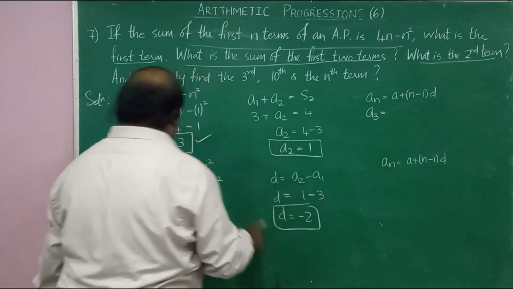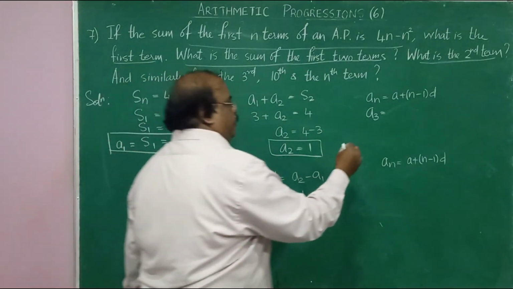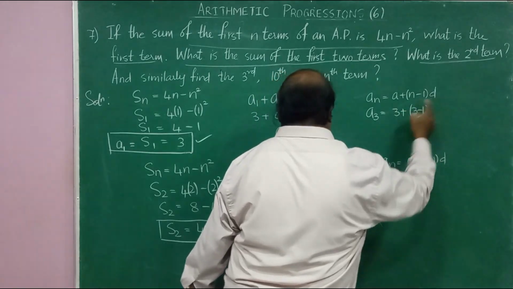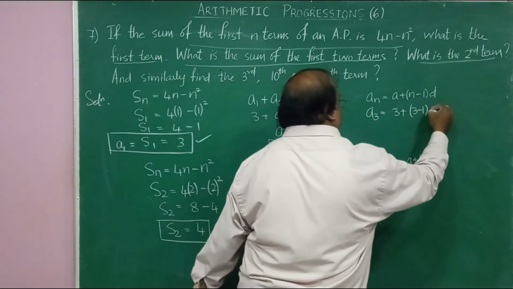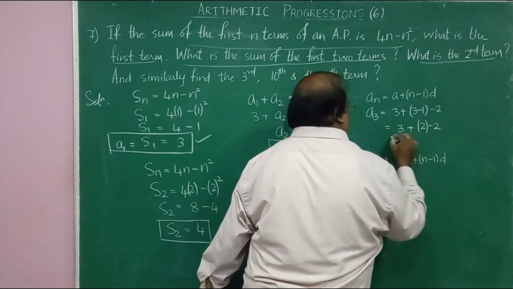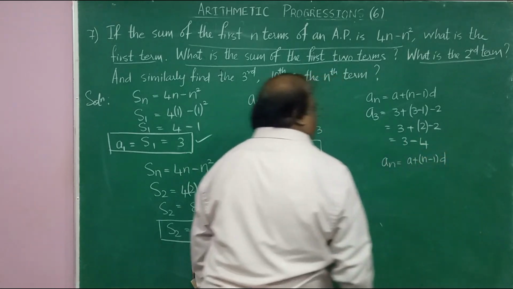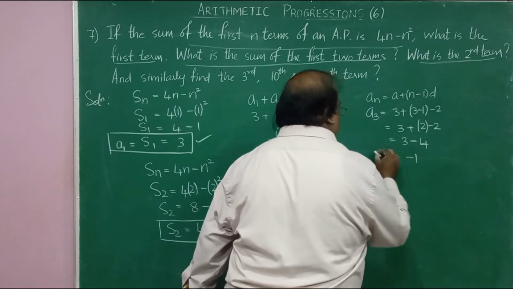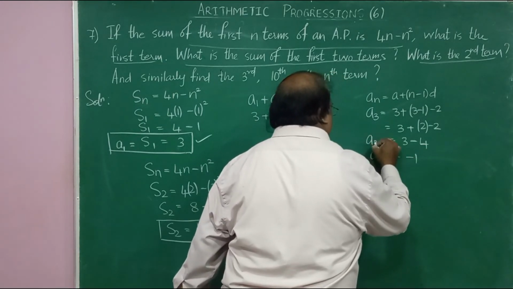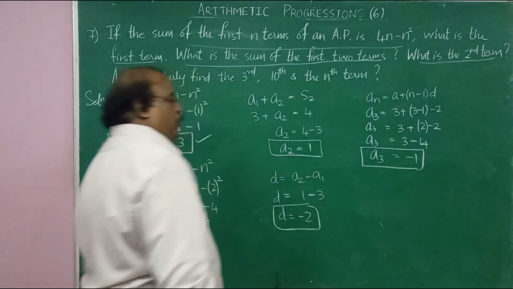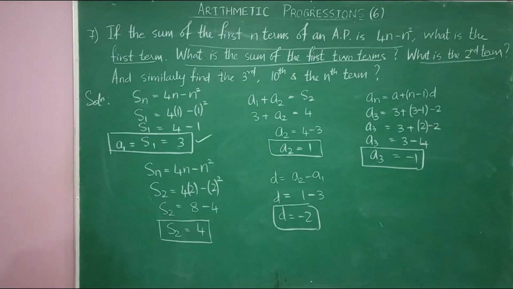A, what is A? First term, 3 plus of 3 minus 1 into D. So you get 3 minus 4. What is 3 minus 4? Minus 1. Your third term is minus 1.